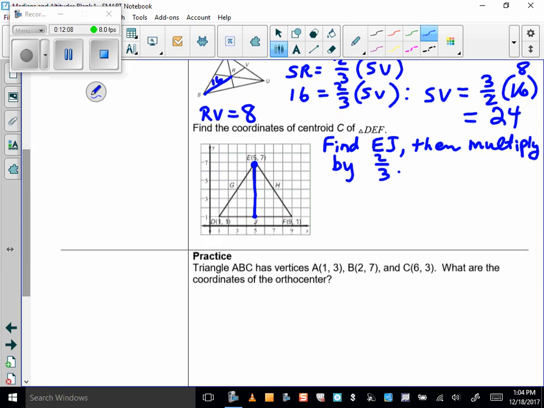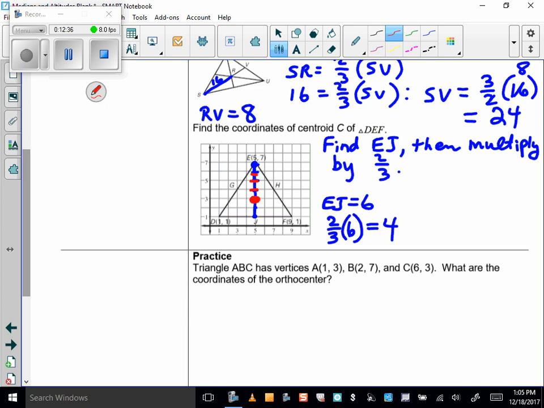I can just count. So I got 1, 2, 3, 4, 5, 6. So EJ is 6. So 2/3 of EJ is going to be 4. So now I just got to count from the vertex 4 units. So 1, 2, 3, 4.